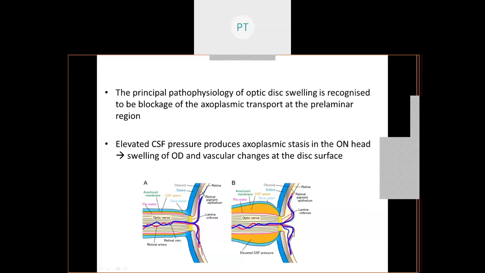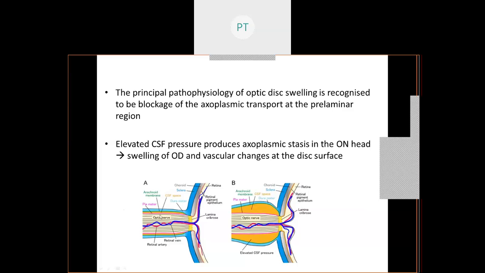the optic nerve. So you all know that the CSF is formed from the choroid plexus in the lateral ventricles, and then it leaves the lateral ventricle and enters the third ventricle through the foramen of Monro, and from there it flows through the Sylvian aqueduct into the fourth ventricle, and from the fourth ventricle it enters into the subarachnoid space, and absorption is through the arachnoid villi in the cerebral venous system.